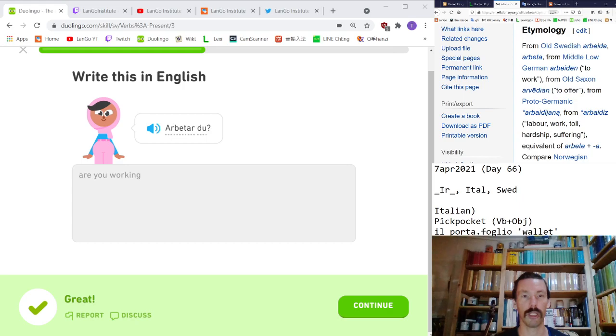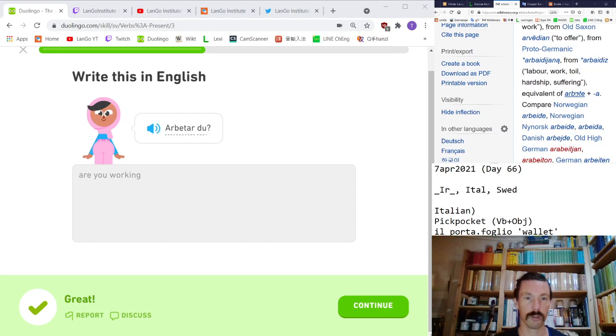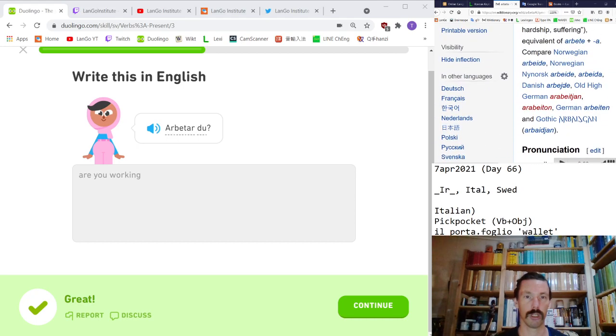Old Swedish arbeta, from Middle Low German arbeiten. Old Saxon arbeidian, to offer. Arbeit is labor, work, toil, hardship, suffering. Ooh, and the Gothic arbeidian. Nice looking alphabet you got there.